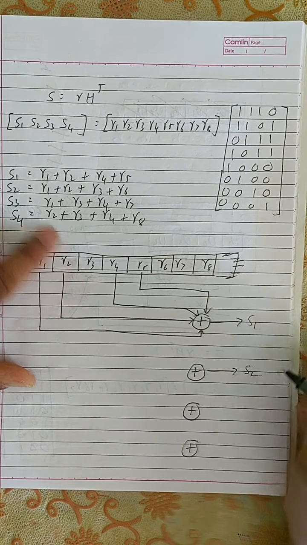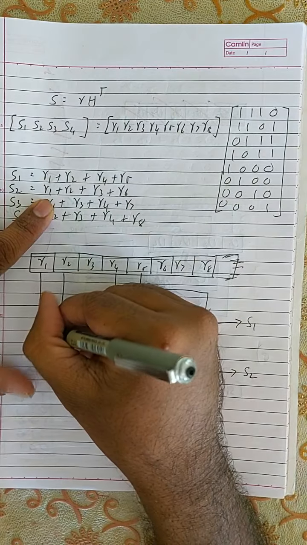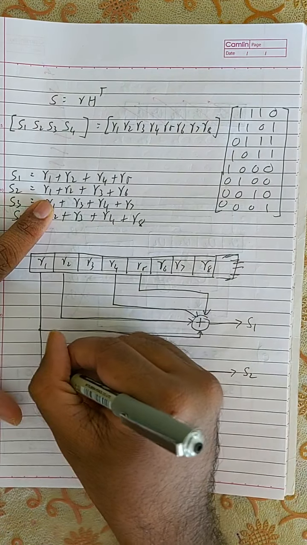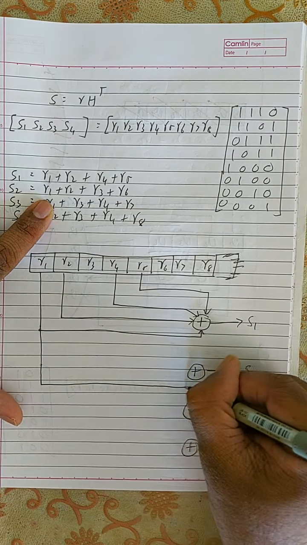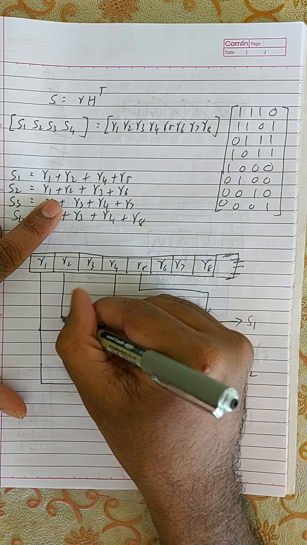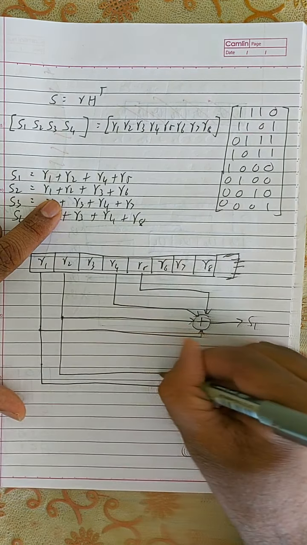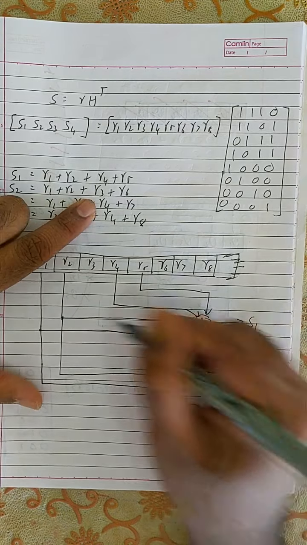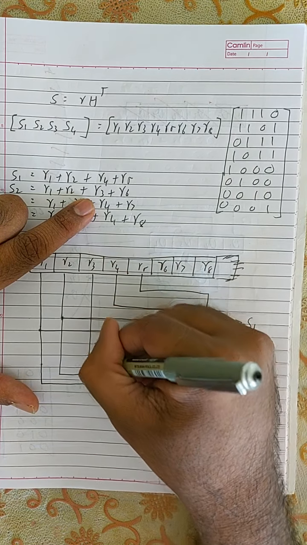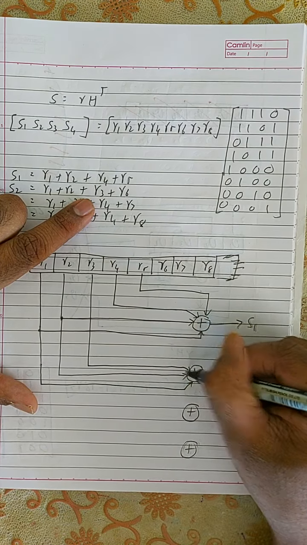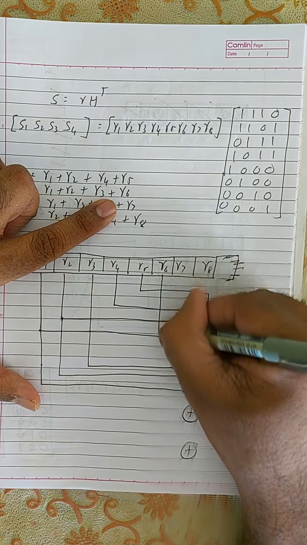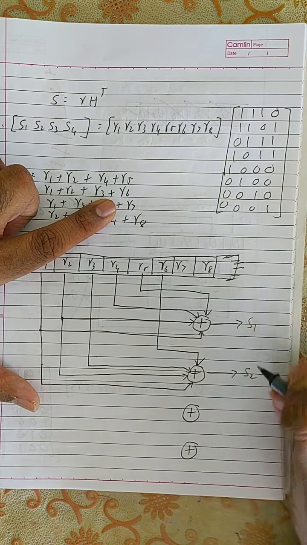S2 is R1, R2, R3 and R6. So I'll draw R6. This is the equation for S2.